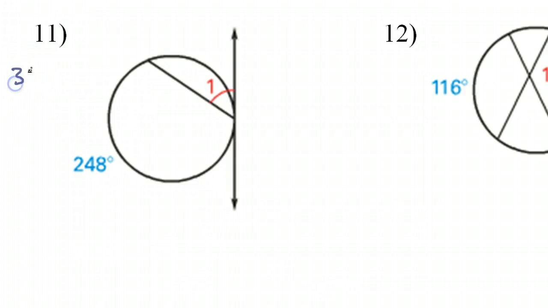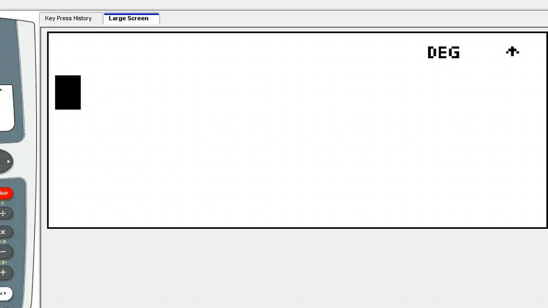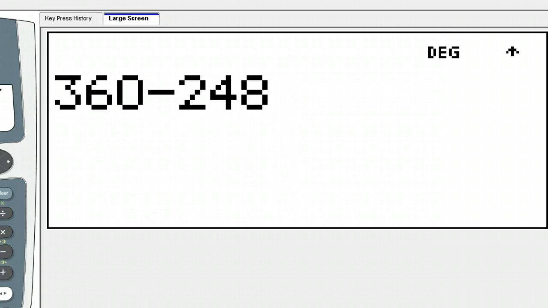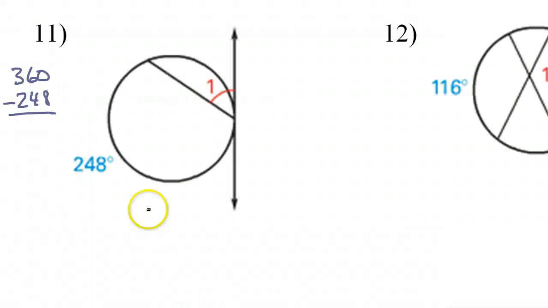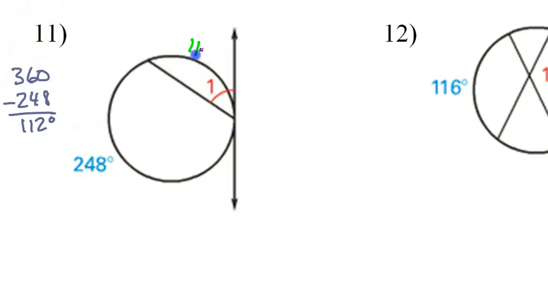So if I do 360 minus 248, that gives me 112. That means this other arc over here is 112. That's this arc right here.